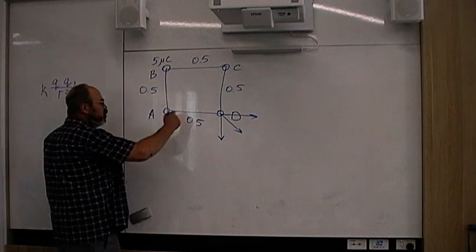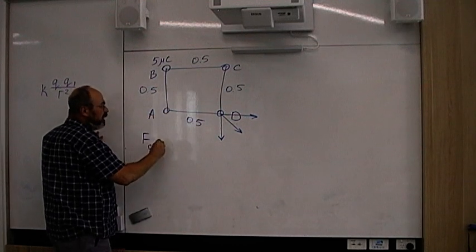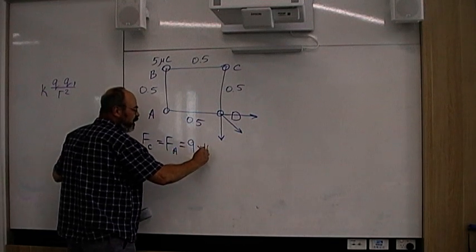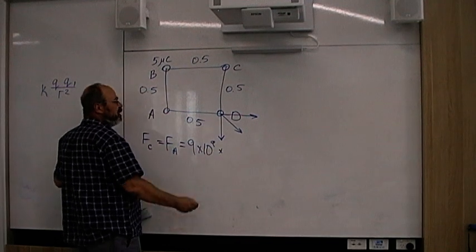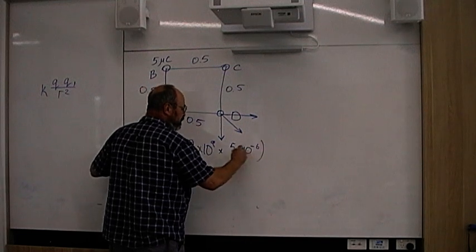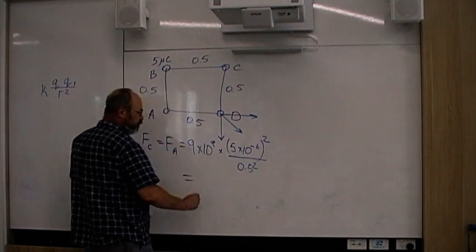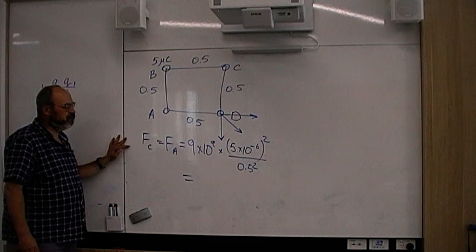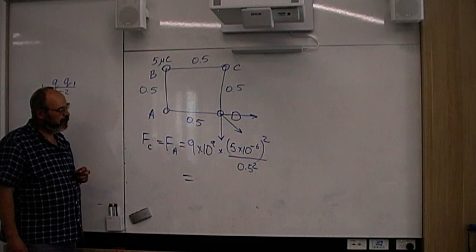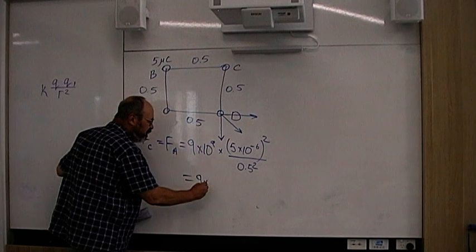Now, what is the magnitude of force that C exerts on D? It's the same as A exerts. That is 9 times 10 to the power of 9 times 5 times 10 to the negative 6 squared over 0.5 squared.